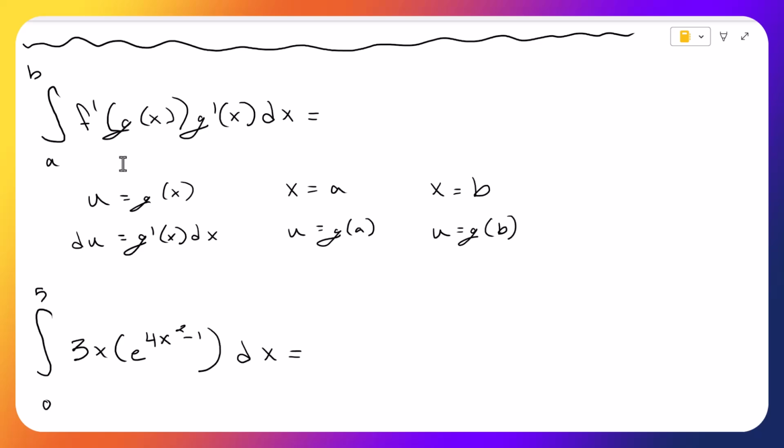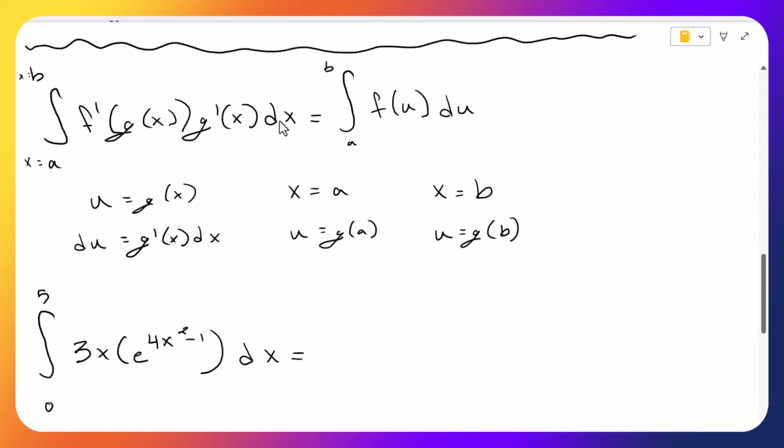But there's an issue here. Now that we're doing a definite integral, well, these bounds are x values. These bounds, x equals a, x equals b. But our thing is in terms of u now.